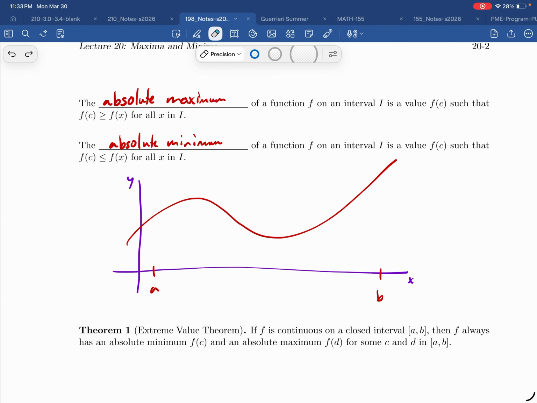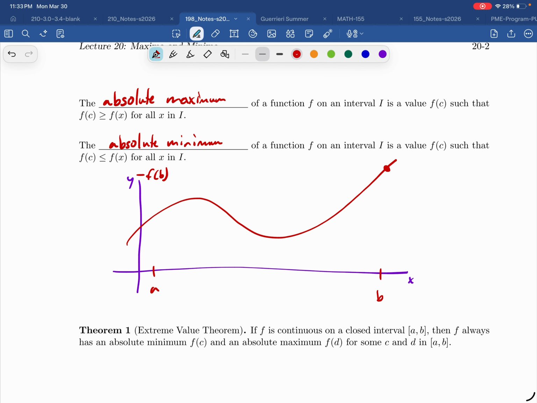What is the absolute maximum of this function? Well, the absolute maximum on the interval A to B is going to be f of b, right? That is the absolute maximum because it's the largest y value on the interval from A to B. What about the absolute minimum on A to B?